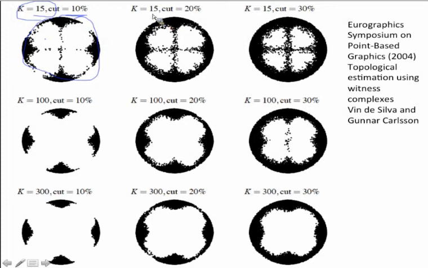We can also do k equals 15 or k equals 100, with 20%, so the 20% densest points, or the 30% densest points. And so you can see the different pictures that one gets. And so we can study the topology of all of these diagrams and see what comes out.